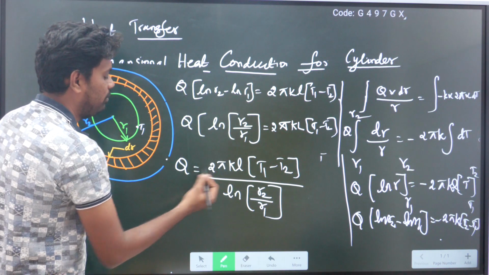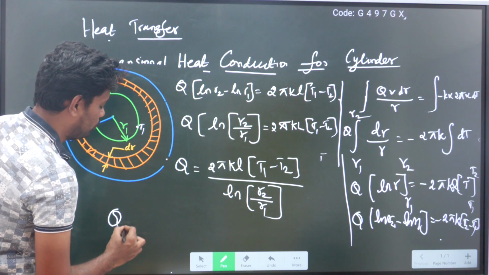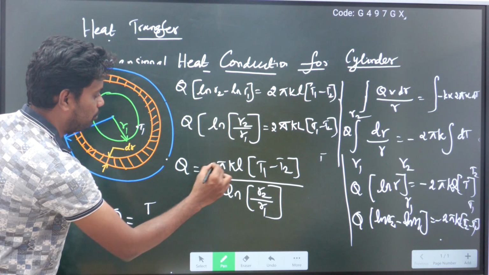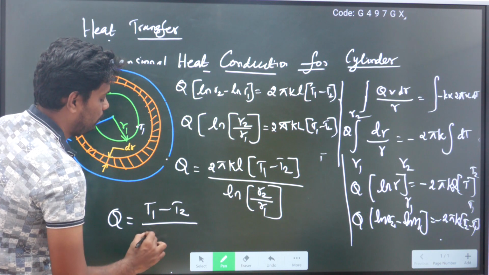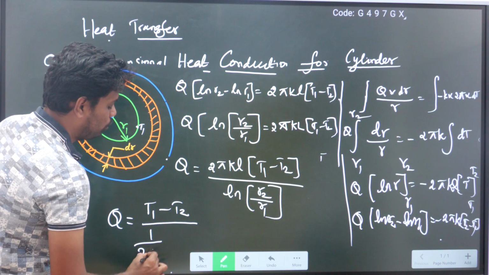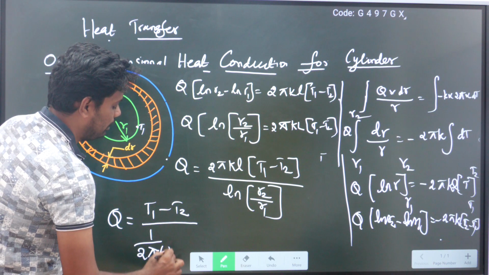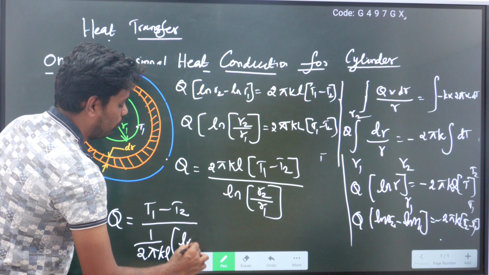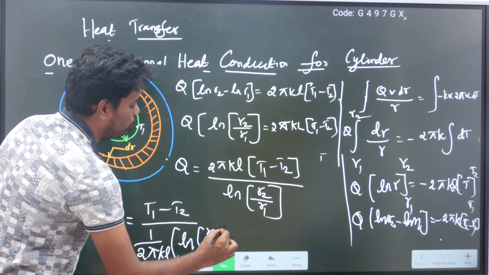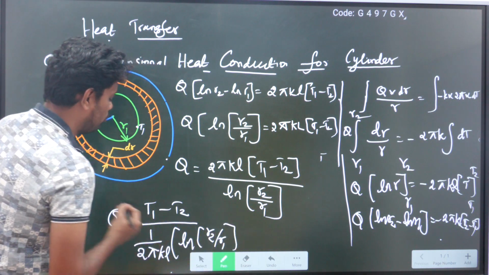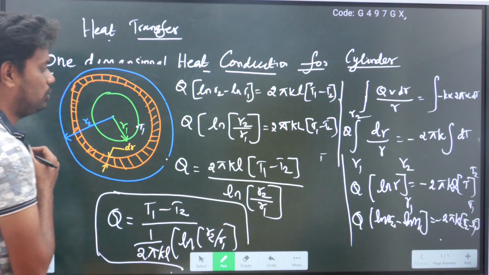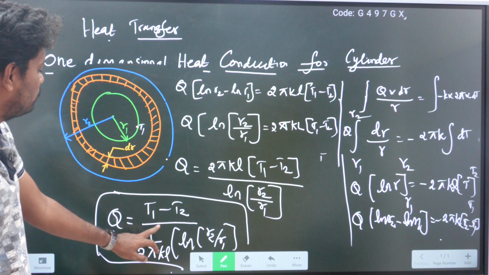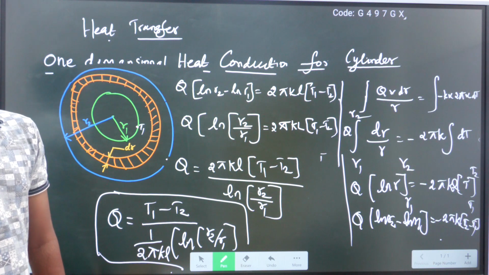If I simplify again, taking this into the denominator, Q is equal to T1 minus T2 divided by ln of R2 by R1 over 2 pi K L. So this is the final one-dimensional heat conduction equation for a cylinder.